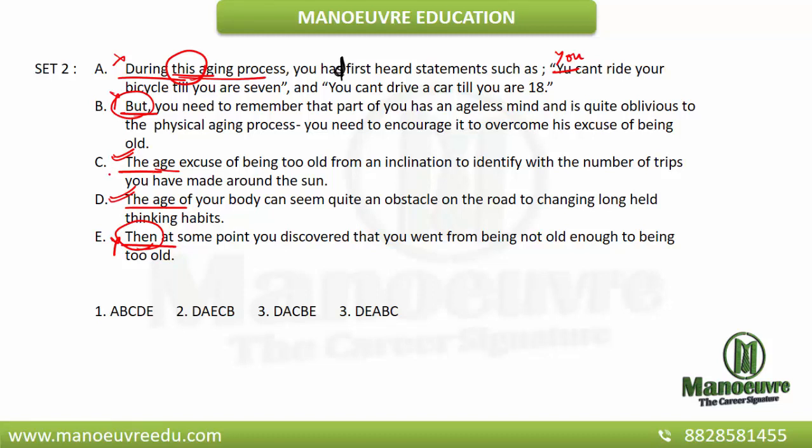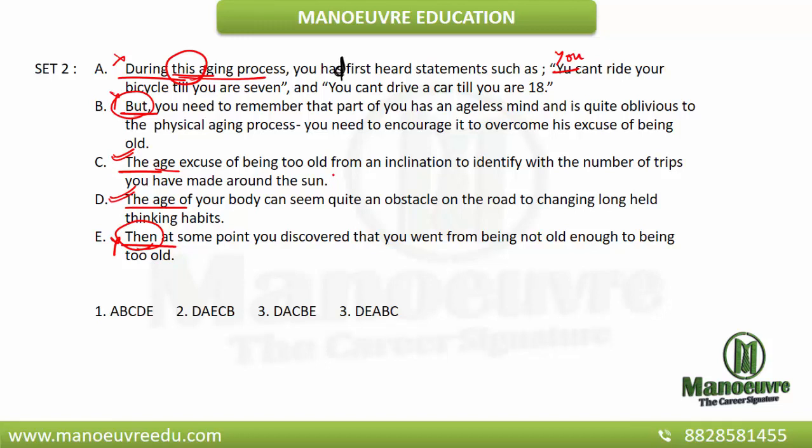We are left with statement C and statement D to be our opening statement. Now let us see which of these two can definitely be our opening statement. The age excuse of being too old from an inclination to identify with the number of trips you have made around the sun. Yes, this possibly can be our opening statement, but this does not really make logical sense.